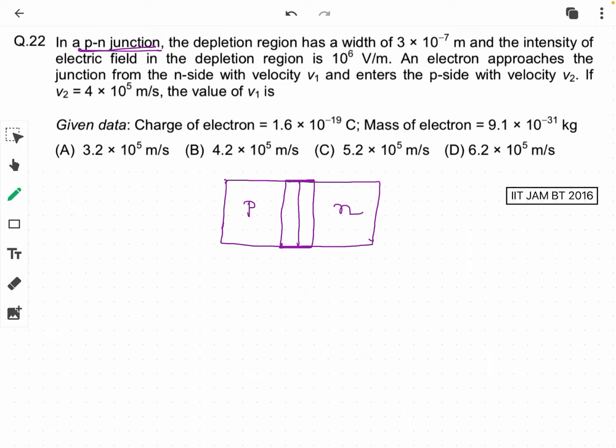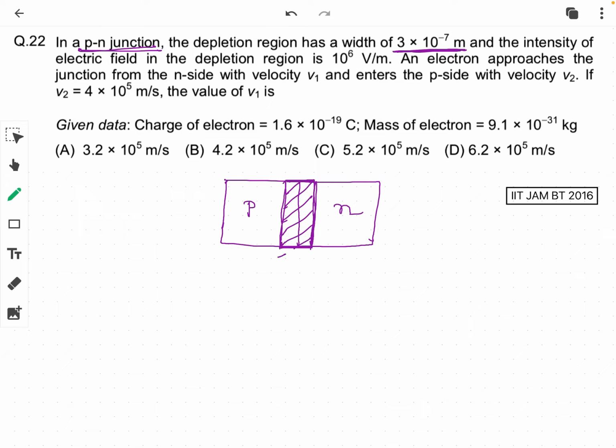In between these two sides, P side and N side, there is a depletion region, okay. The width of the depletion region is 3 into 10 to the power minus 7 meter.